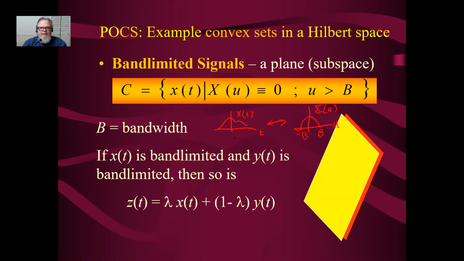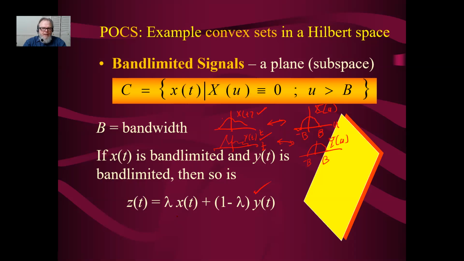So here's the point. If x of t is band limited and y of t is band limited, is the combination of x and y band limited? It's almost intuitively obvious, I hope it is, that if y of t is also band limited, then lambda times x of t plus 1 minus lambda times y of t is also band limited.